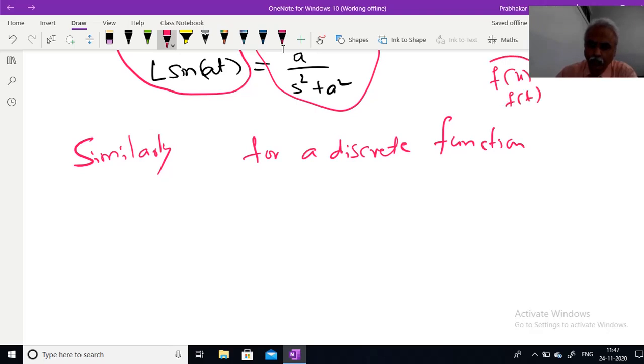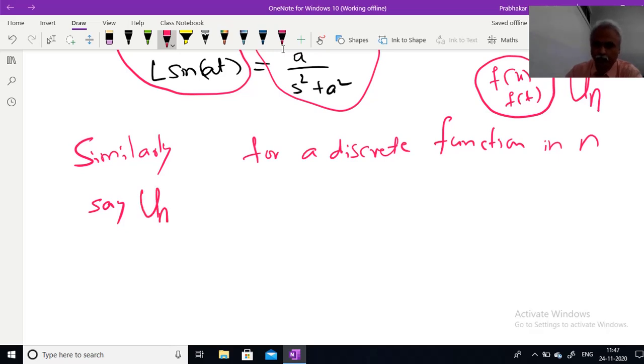I am always telling you that notations are important. For discrete, we shall denote it by un, and let us get used to this. What is un? Discrete system function in n, say. Instead of function, I can use the word system. Let us denote it by un.